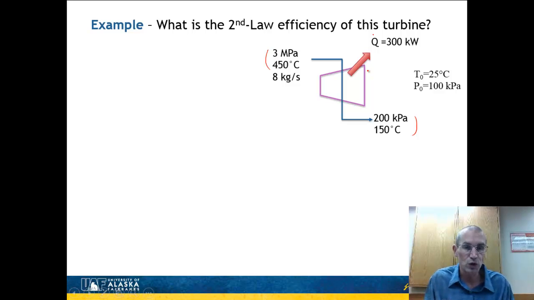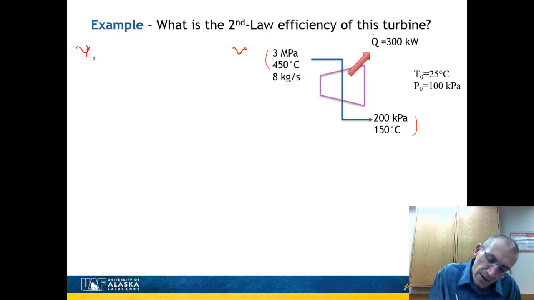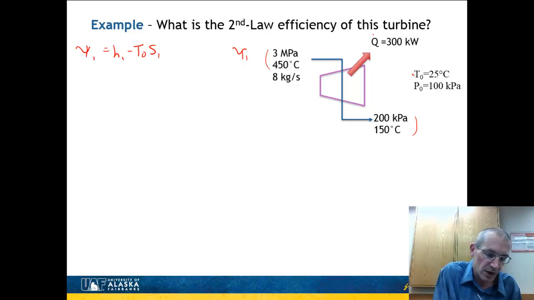But now we have this new tool with exergy, so we can determine the second law efficiency of this turbine. I'm going to determine the inlet flow exergy, which is equal to H1 minus T naught S1. Here my environment temperature is 25 Celsius, or 298 Kelvin.